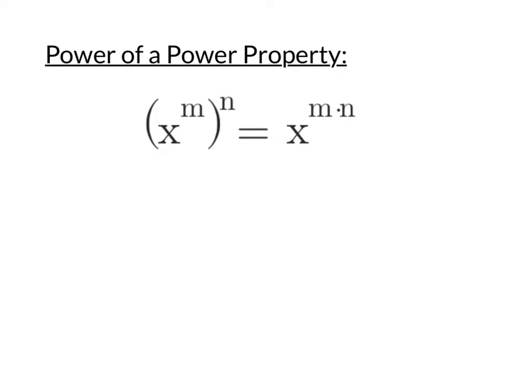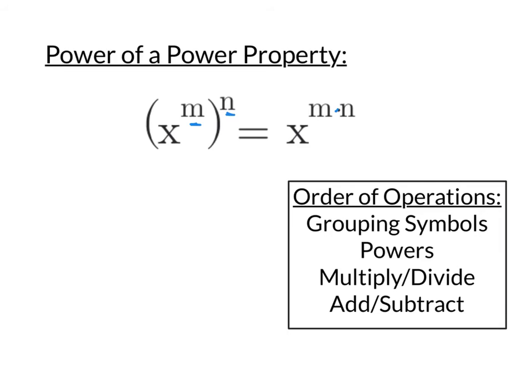So we can start to see that we have this idea of a power property. That when we see a power, x to the m, taken to another power, the nth power, so we have this power to another power, what we do with them is multiply them together. One thing that helps me keep this straight in my head is remembering the order of operations.